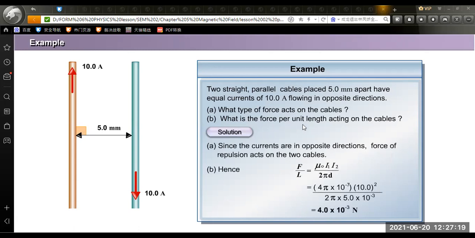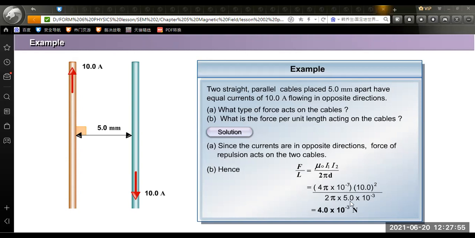And what is the force per unit length? Force per unit length F over L is equal to mu naught I1 I2 over 2 pi d. We notice that mu naught is 4 pi times 10 to the power -7, which is a constant, times the currents, 10 times 10, so 10 to the power 2, over 2 pi.